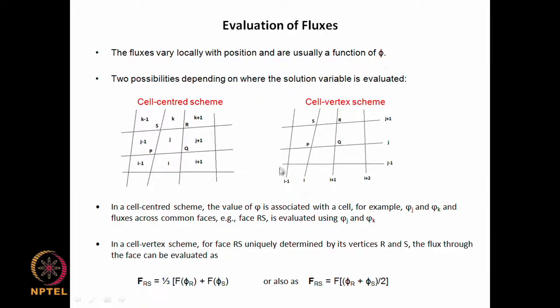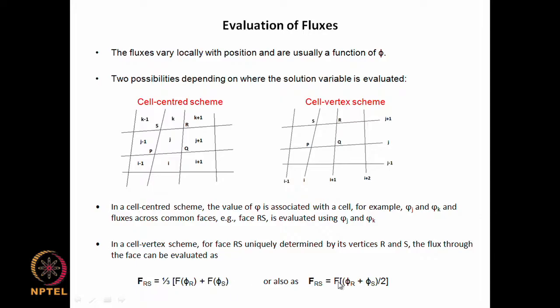So, the flux evaluated based on the value of phi at R is different from the flux evaluated at S. You take the average of these two, and this requires two evaluations of fluxes.